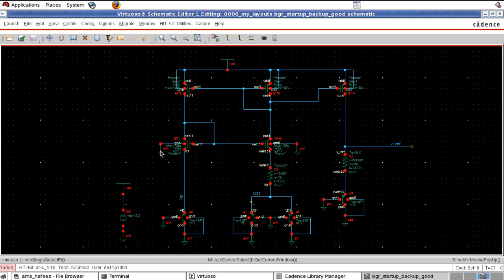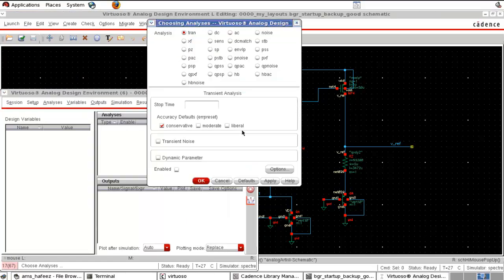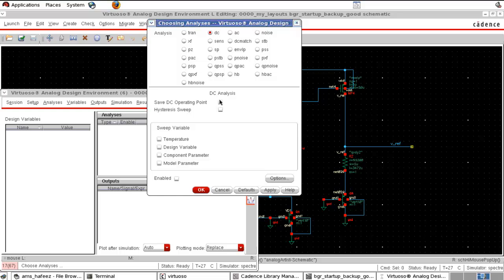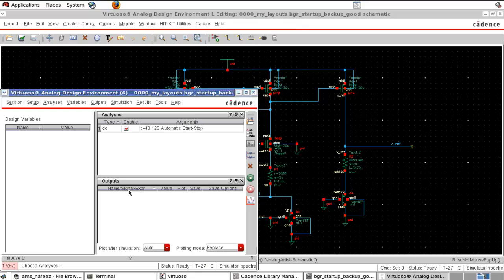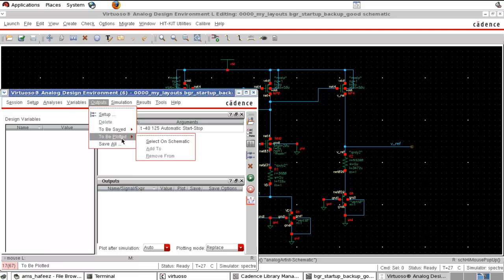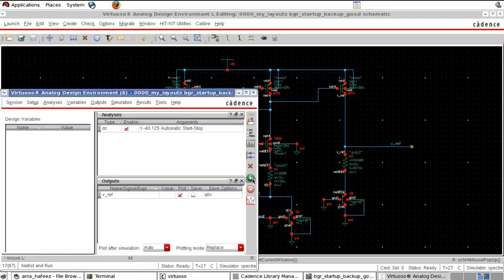So this is our bandgap reference that we designed earlier. Let us simulate it once again. First let us do the DC simulation, sweeping the temperature from -40 to say 125 degrees, and we need to plot the output, the reference voltage, and let us simulate the circuit.